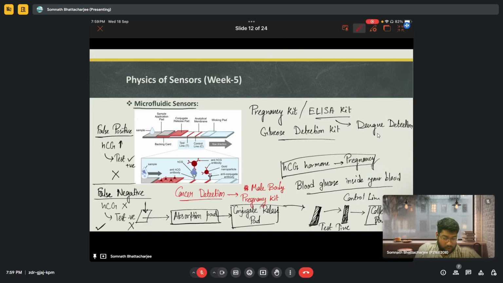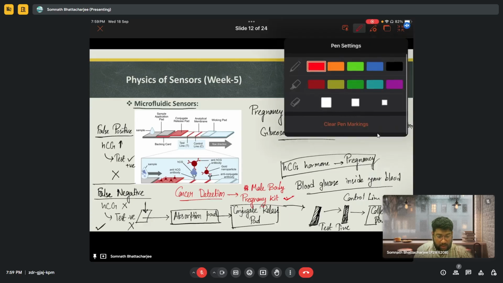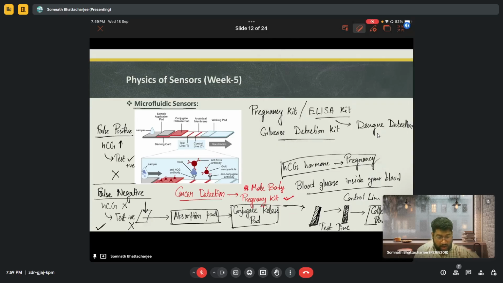If there is an abnormality, or some kind of cancer or a lump, it will show that there is like a pregnancy. That doesn't mean he has any kind of pregnancy. It may mean that he has some kind of a lump, or cancer may be forming inside his body. Okay, so this is it.